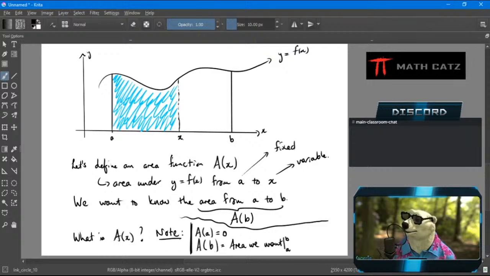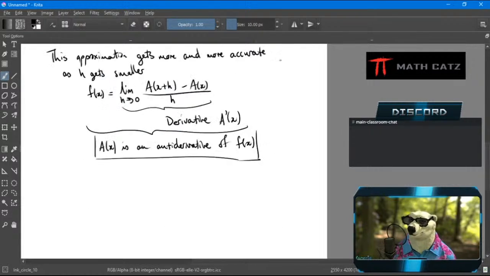And now we can see that that area function is related to the original function by being its antiderivative. The area function is an antiderivative of the original function, f of x. So we're pretty much done here.